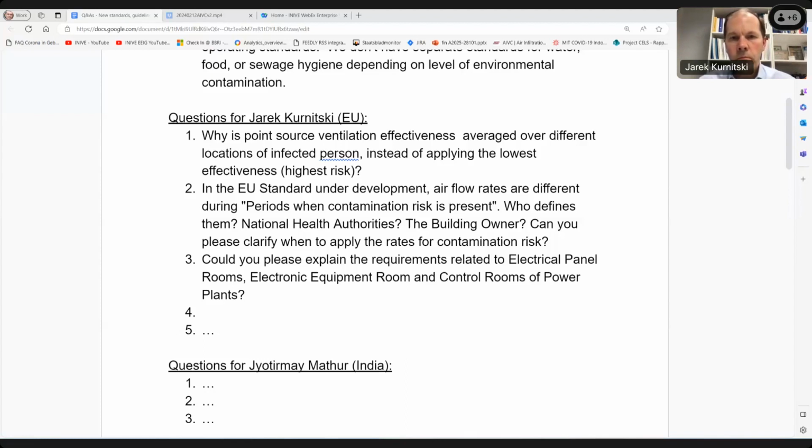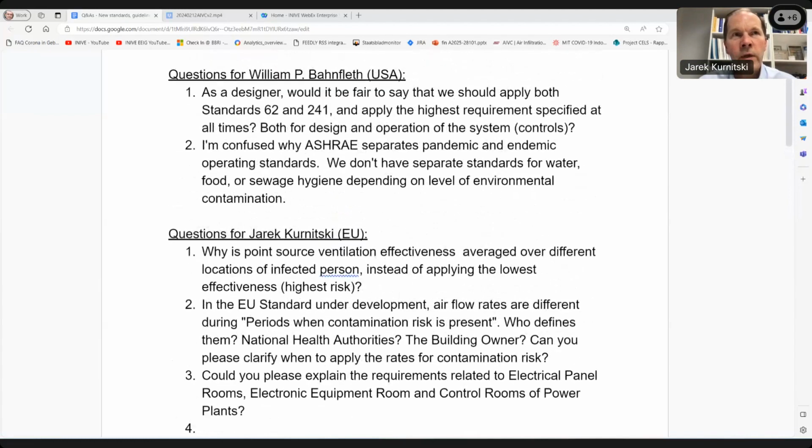So Jarek, there was one question for you. You see, I think, at the screen here, why in your presentation is point source effectiveness averaged over different locations of infected persons instead of applying the lowest effectiveness? Yeah, so the idea is that we do not eliminate this infection risk in common buildings. So this is the reason we still calculate some sort of average ventilation effectiveness.